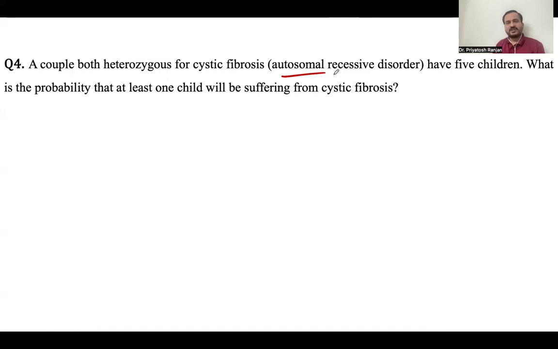So, autosomal recessive disorder. A couple both heterozygous for cystic fibrosis. Let's represent cystic fibrosis with the letter A. Both are heterozygous, so we can consider capital A small a, and capital A small a.